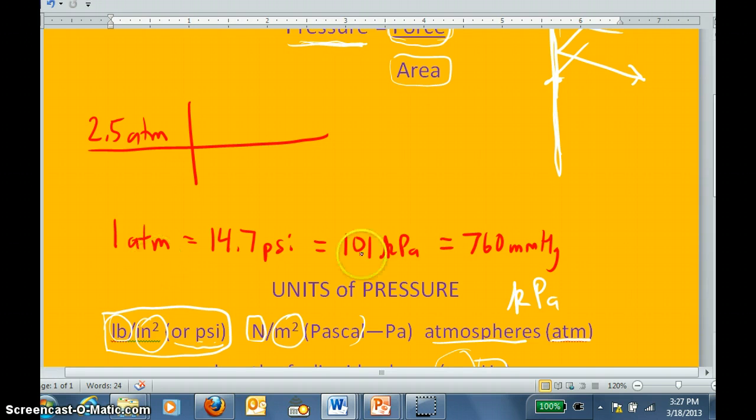Because 1 atmosphere equals 101 kilopascals, I could place the 1 atmosphere down here so that the units cancel, and the 101 kilopascals up here, and we would multiply it out, and it would come out to approximately 252 kilopascals of pressure. So any two of these 4 unit conversions can be used to convert back and forth.